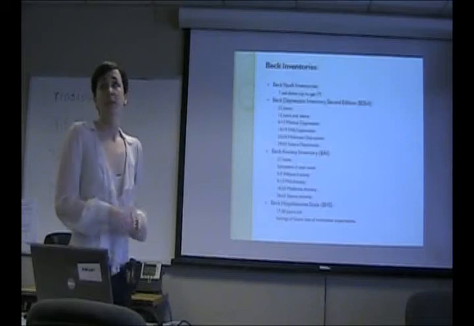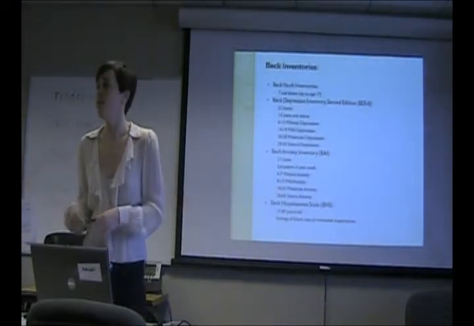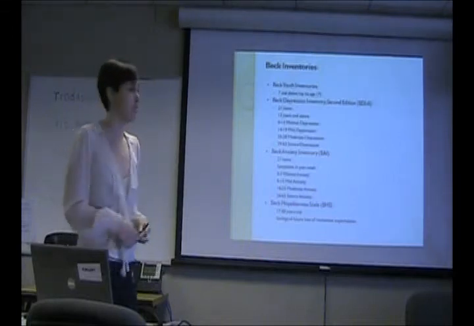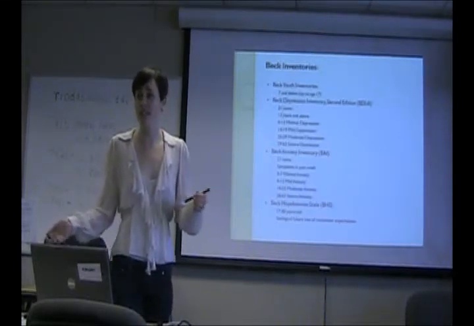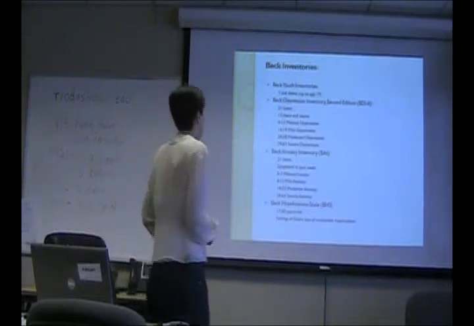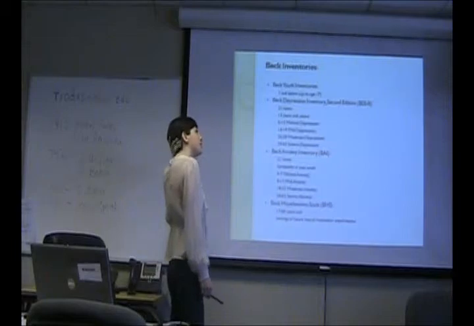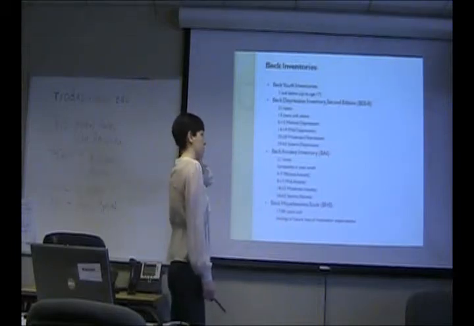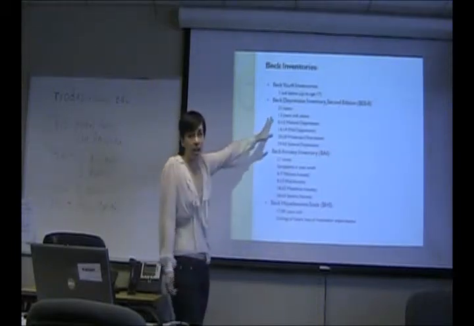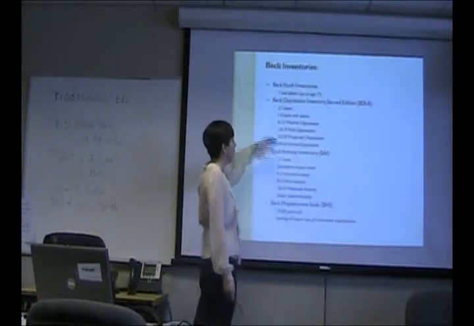So this might seem a bit repetitive for everyone, but then we have the Beck inventories. You also need to know about these for the comps. Everyone has administered a Beck inventory, so we know what they look like. The Beck Youth Inventory is for ages 7 and above. The Beck Depression Inventory: know the age range, really important, 13 plus years.